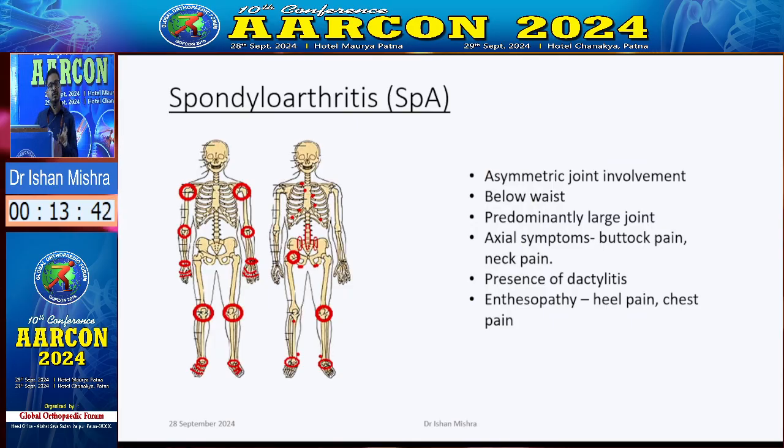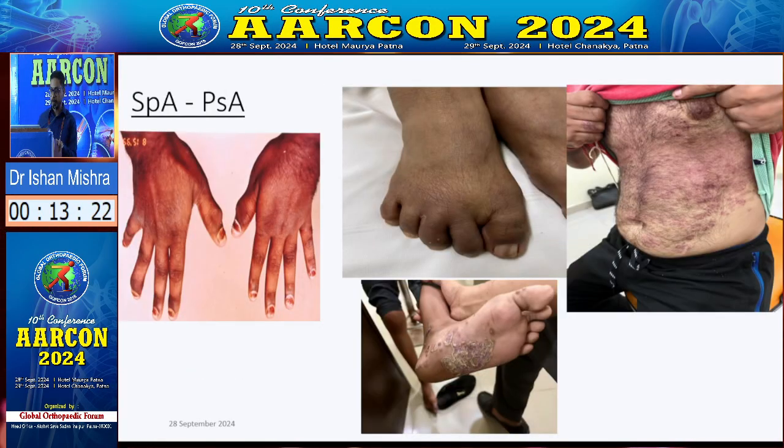The classical description of spondyloarthropathy joint involvement is asymmetrical, large joints below the waist, with axial symptoms and obviously enthesopathies. When you compare it with RA, it is more or less symmetrical and small joints. The clues are, like he said, DIP joint involvement, dactylitis, presence of psoriasis, which will give you the clue of other differentials.